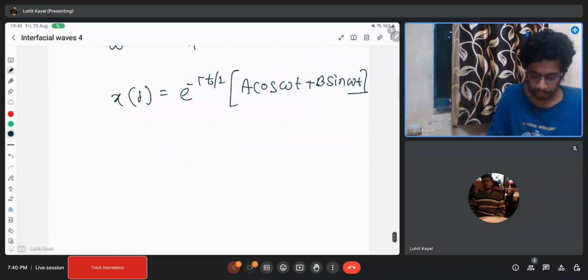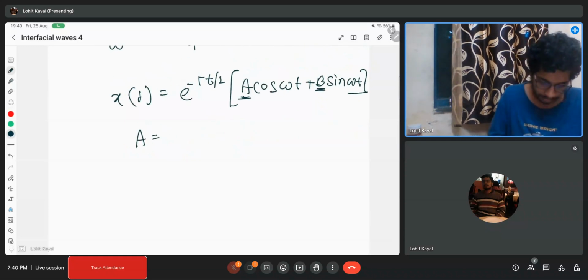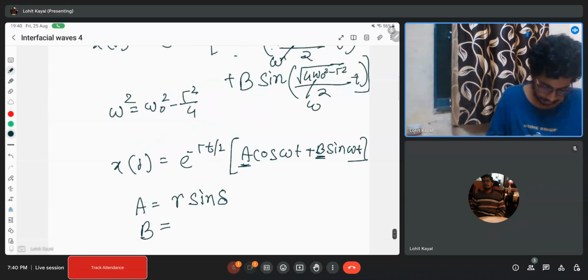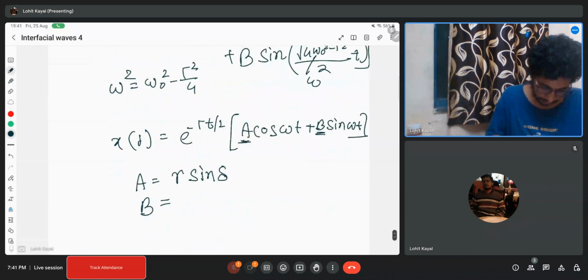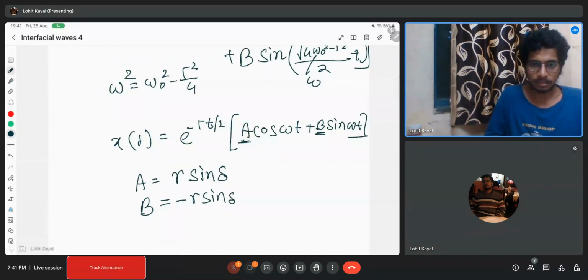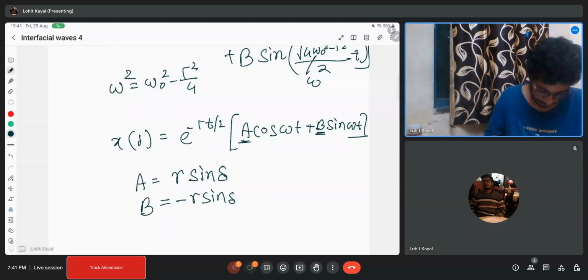Now if you have an equation something like this, I can write a equal to r into sine delta and b equal to minus r sine delta. Now what are a and b? They are still not known to us.